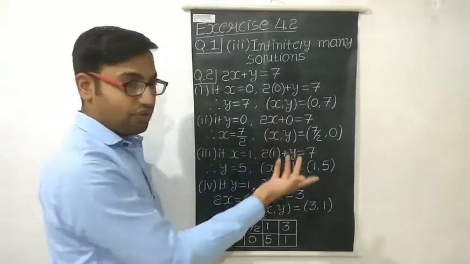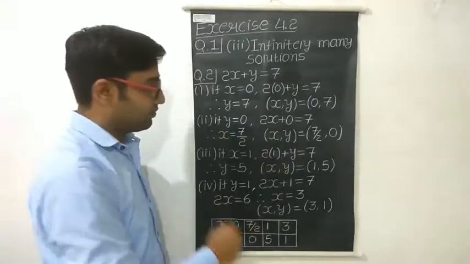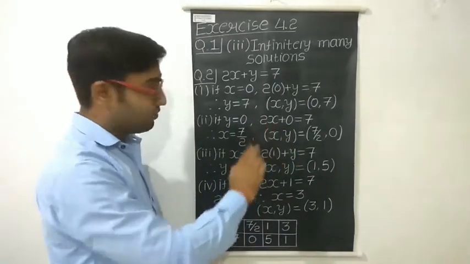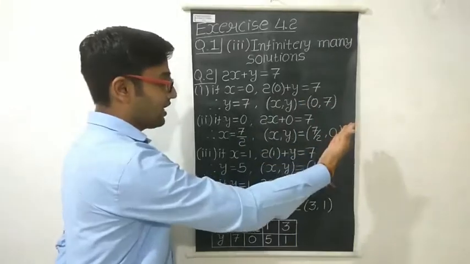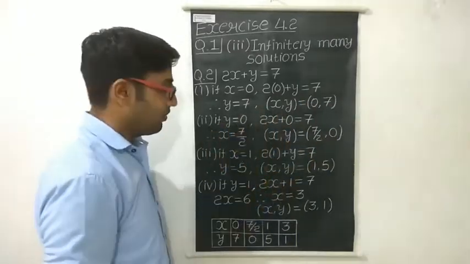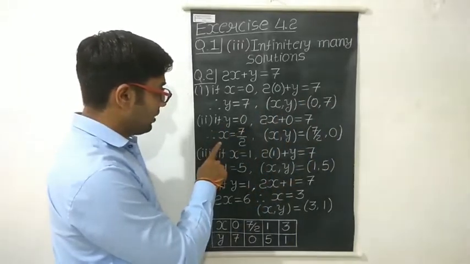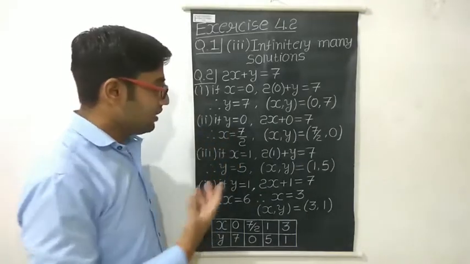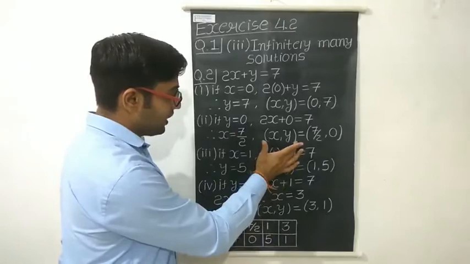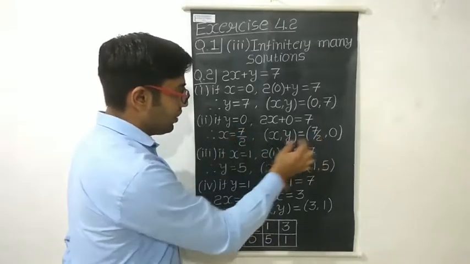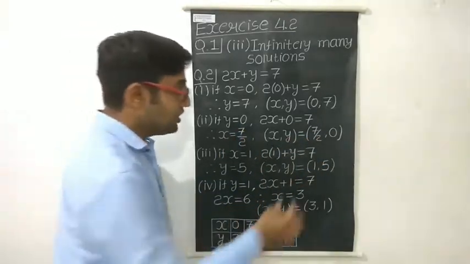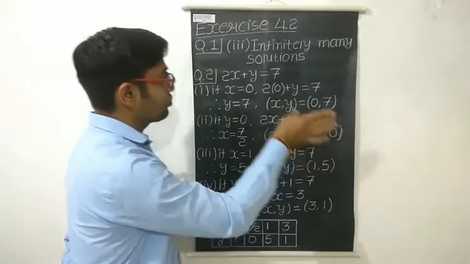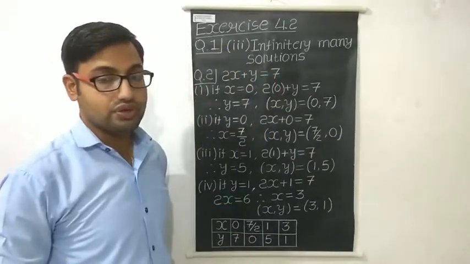So 2x plus 0 is 2x. To find the value of x we have to take this 2 to the right hand side and it goes in the denominator with the 7. Therefore we get x is equal to 7 by 2. So x is equal to 7 by 2 and y is equal to 0. So these values are also a solution of this linear equation.